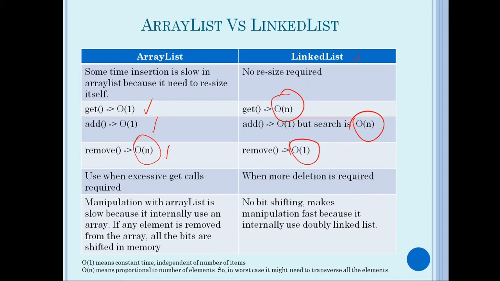So what we learn from this comparison: use ArrayList when excessive get calls are required. When you need to have so many get calls, for your APIs or operations that are just calling things and you just need to get elements from the list, then ArrayList is the preferred way to store elements, right?